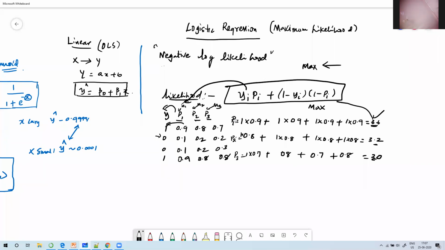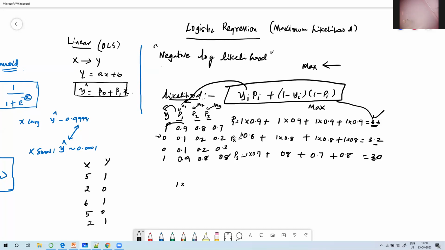Now, let's say we have X and Y. Preparation for exam: 5 hours passed, 2 hours failed, 6 hours passed, 5 hours failed, and 2 hours passed, something like that. For the first observation, yi is 1.